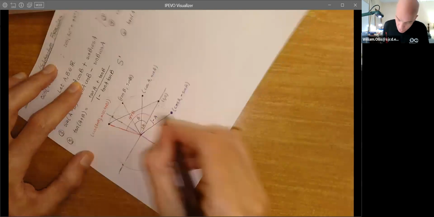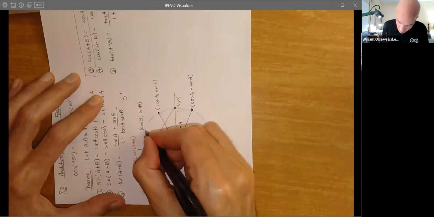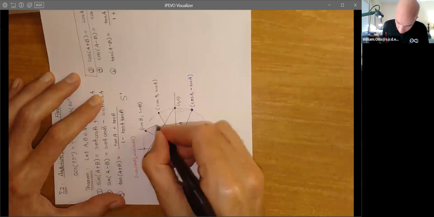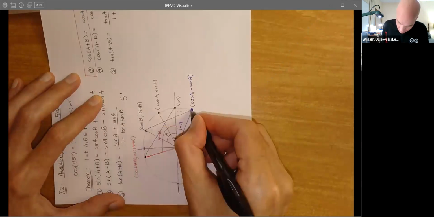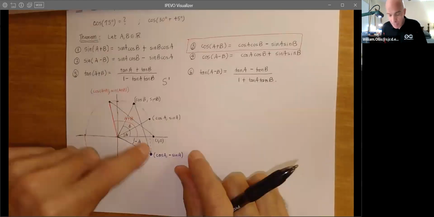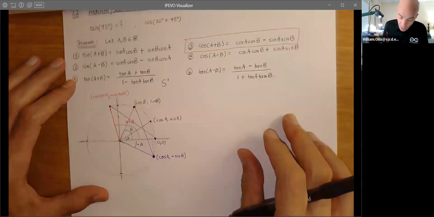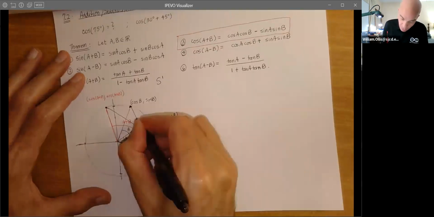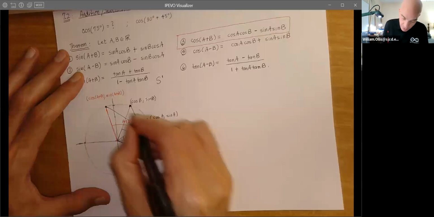This one, and then of course this one. So on the unit circle, these two chords subtend congruent arcs. So they are therefore congruent. So this chord is congruent to this chord.